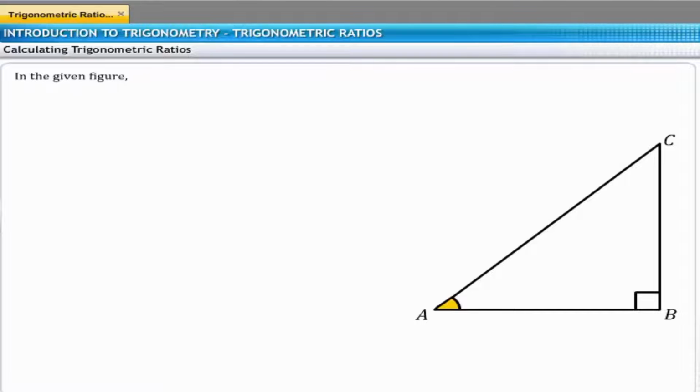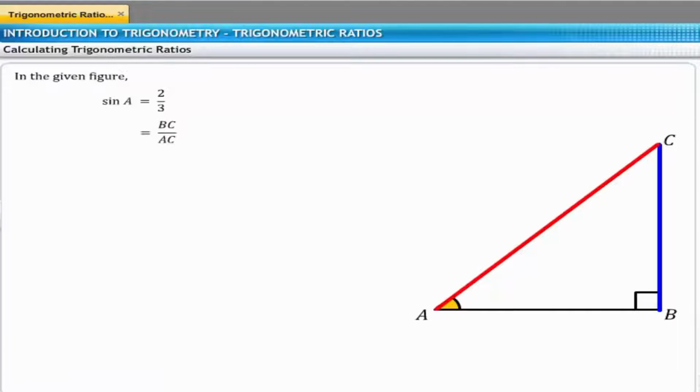Let us take another example. Suppose in the given right-angled triangle ABC, sin A is equal to 2 by 3. Now, sin A is equal to the ratio between its opposite side BC and hypotenuse AC.